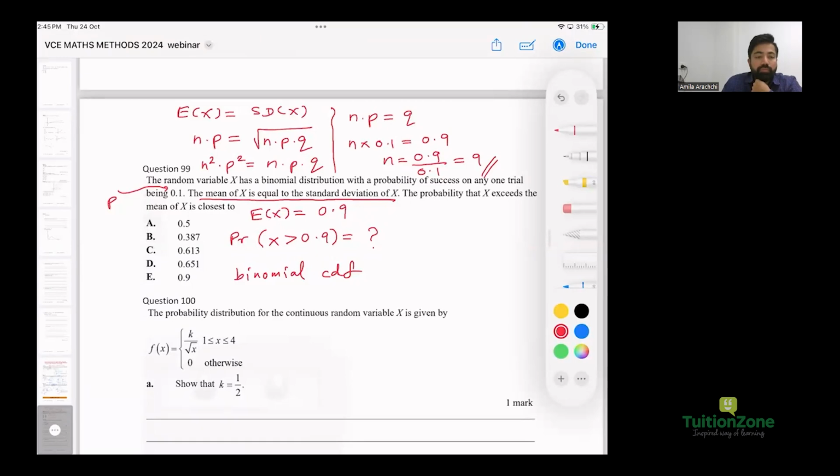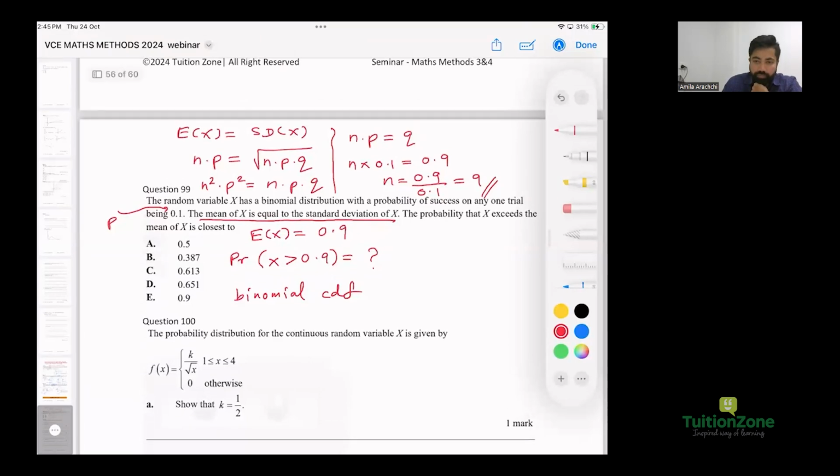Wait, actually, sir, could you repeat the explanation? I still don't get what it means by that underlined part. The mean of x is equal to the standard deviation of x. So see here, mean of x, which is E of X, equals the standard deviation.